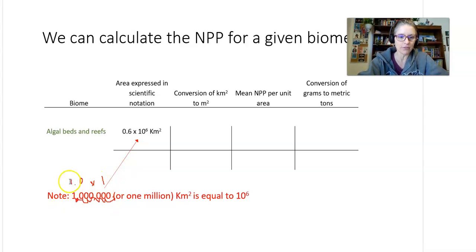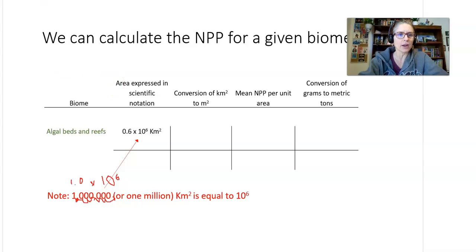And this is very sloppy. I attempted it earlier. So 1 times 10, 1, 2, 3, 4, 5, 6, there it gives you 1 times 10 to the 6, and now times 0.6.